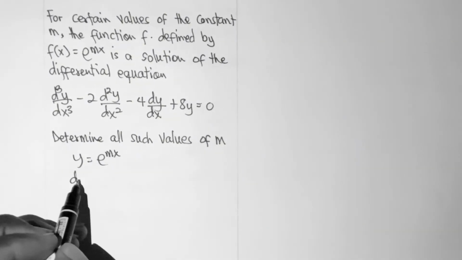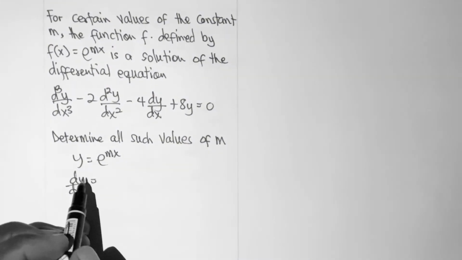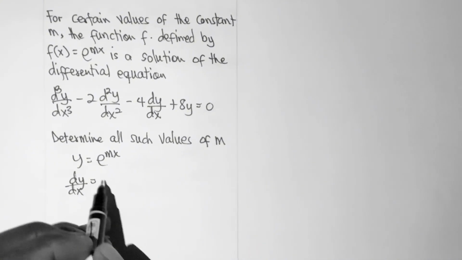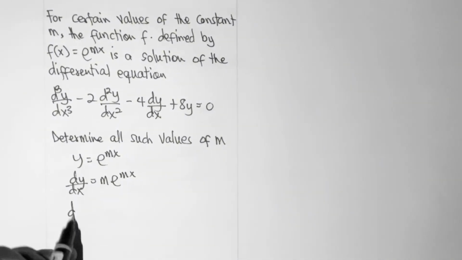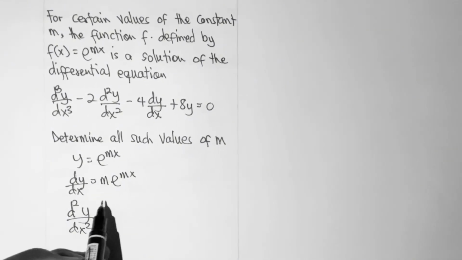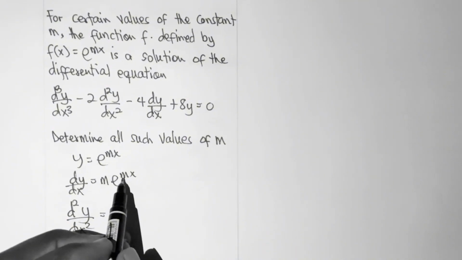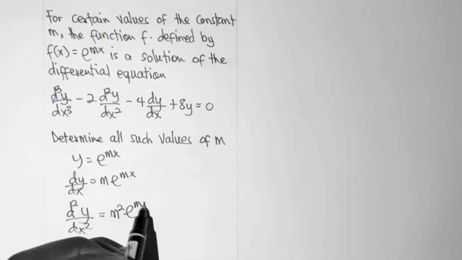So let's find dy/dx. You differentiate what is inside the exponent. If you differentiate mx, you get m. So here's m e^(mx). And let's find d²y/dx². That is equal to, differentiate this again, you get m. M times m becomes m² e^(mx).